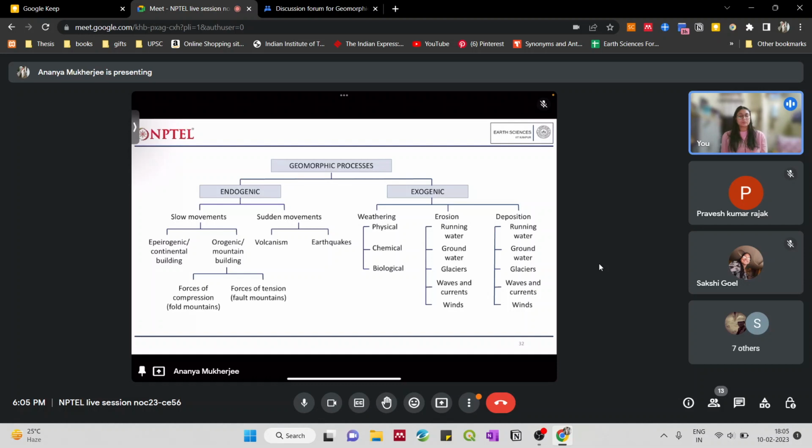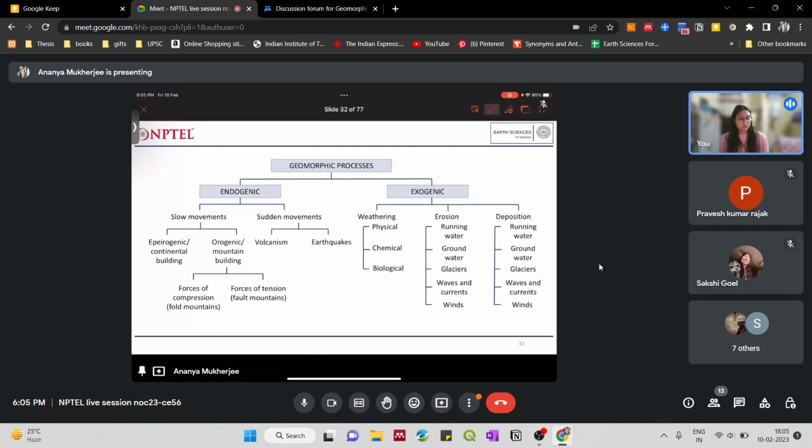So over here, you can see that one of the most important processes are these endogenic processes. Okay, endogenic has two kinds of movements: slow and sudden movements. The driving forces for these two movements are from the interior of the earth.